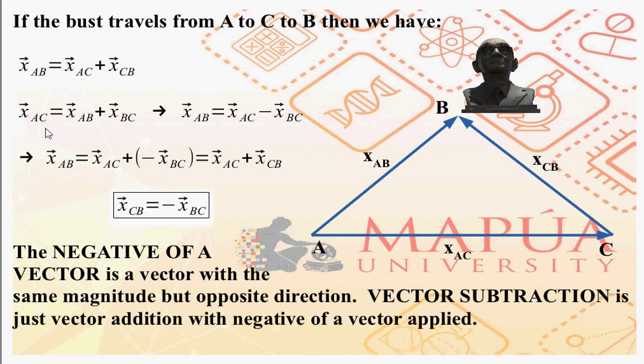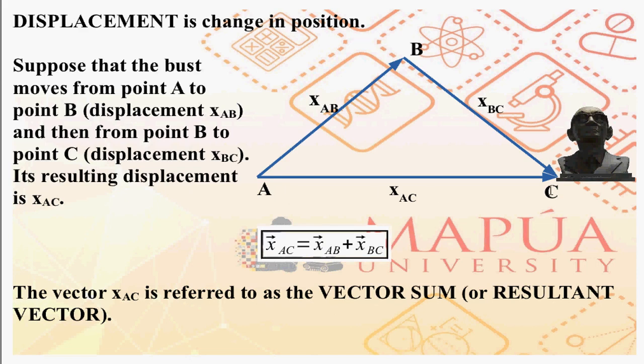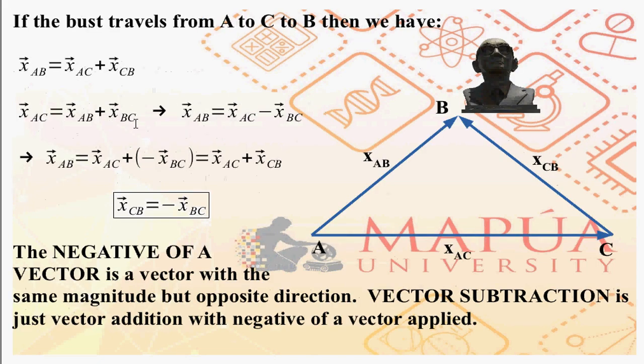If we go to the previous situation, XAC is equal to XAB plus XBC. And XAB is equal to XAC plus XCB. So if we isolate XAB in the first equation, XAB is equal to XAC minus XBC.